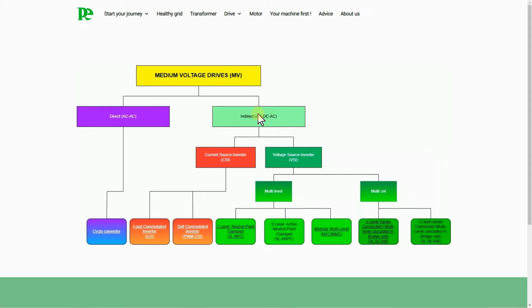Within the indirect conversion, which is the most popular one, you will find two types of converters: current source and voltage source inverters. And this brings us to the third level of the diagram, where we will zoom in on most of the converters. For starters, let's get back to our cycloconverter.